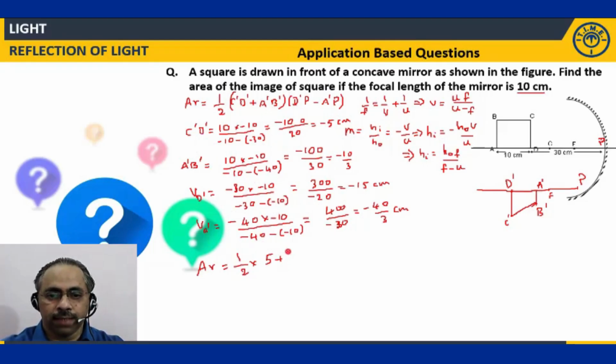Okay. 5 plus, okay, A dash B dash. What is A dash B dash? 10 by 3. 10 by 3 into, okay, and D dash P. D dash P is image distance of dish. That is 15. And minus 40 by 3.